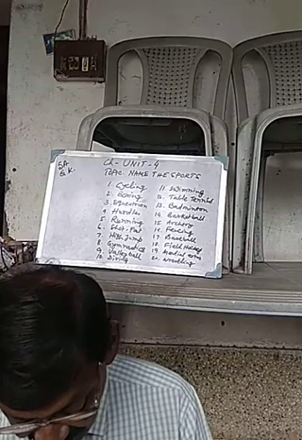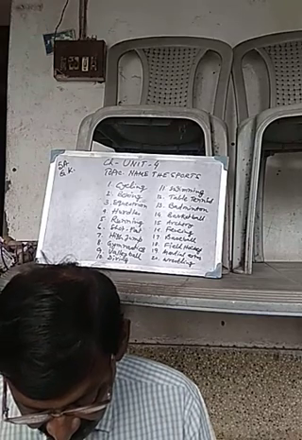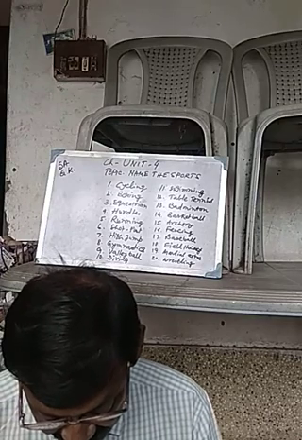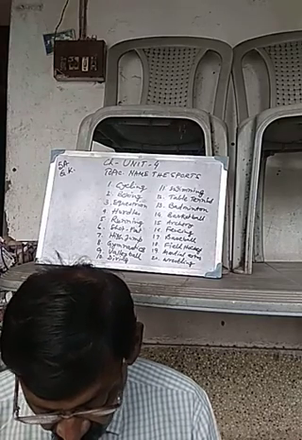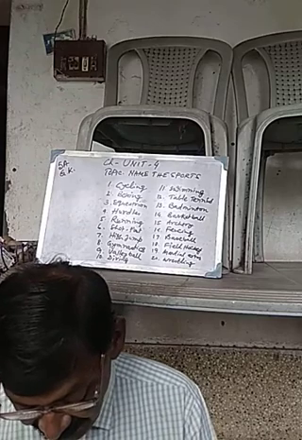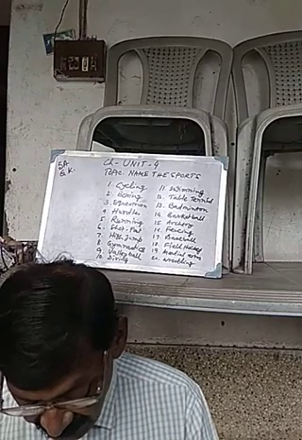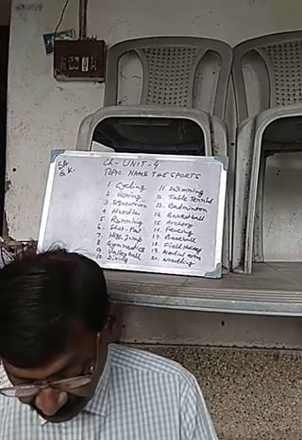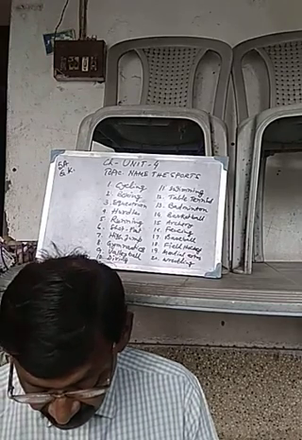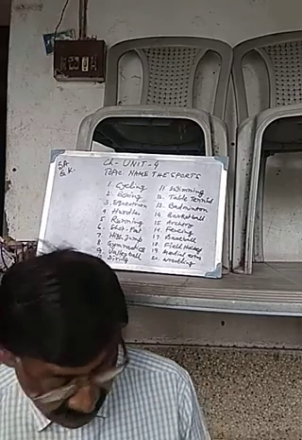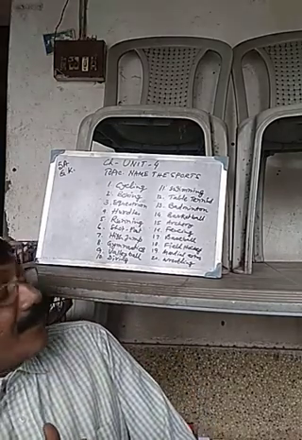And one person having a stick plays that stick with a ball, and tries to score goals against the opponent party's goal post. This is known as hockey. And next one, number 19, martial arts.